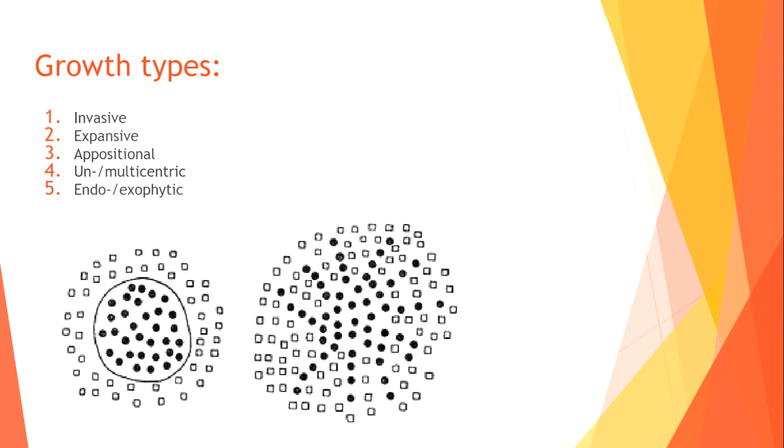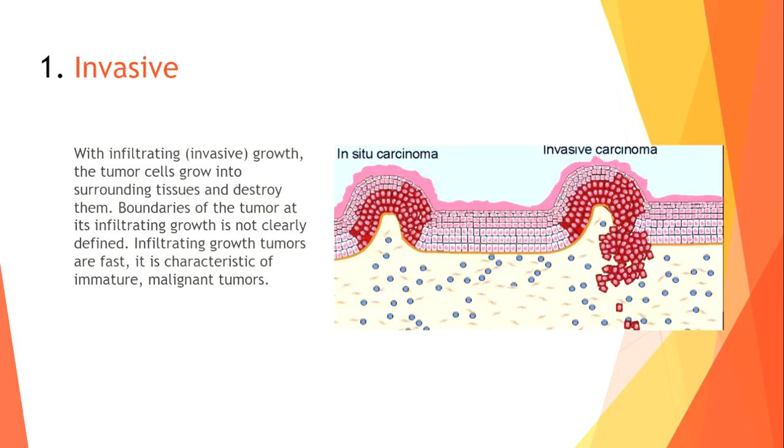We have 5 general types of growth. First of all, invasive, second, expansive, third, appositional, fourth, unicentric or multicentric, 5, endophytic or exophytic.